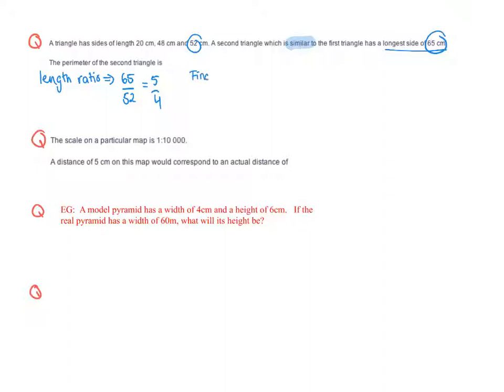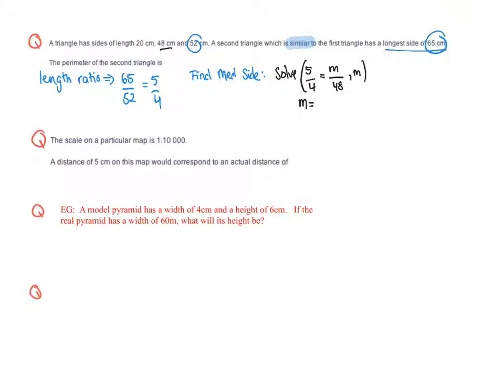So to find the medium side, the middle size one, I'll use solve again. I use the length ratio now because I know they all should fall into that category. I'm going to say 5 over 4 equals the medium size M over this 48. Solve for M, and that will tell me what that one is.